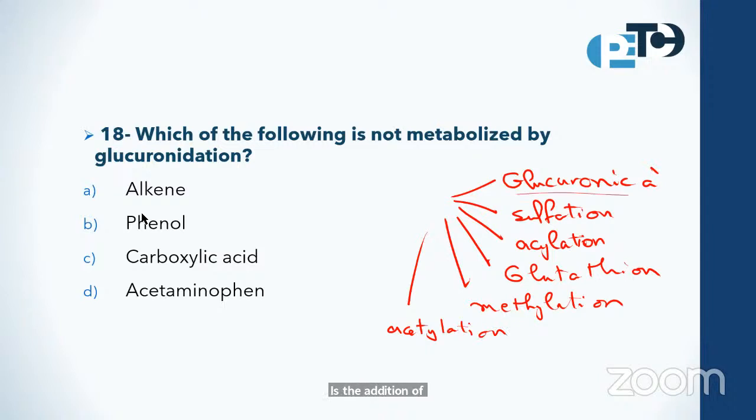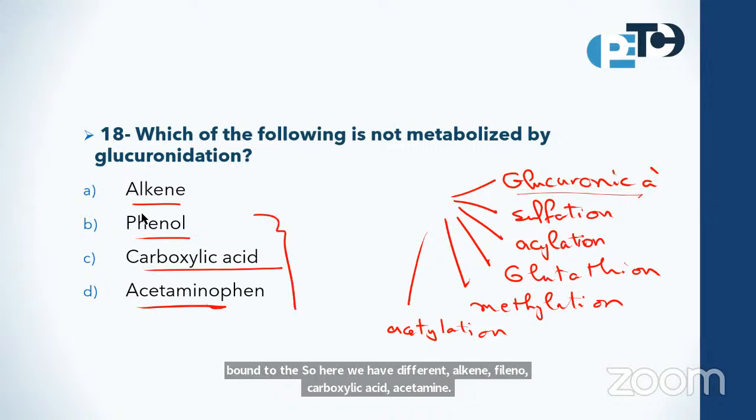Glucuronic acid conjugate binds to which functional group? If the functional group is a carboxylic group, OH, NH, or SH, all of them will bind to the glucuronic acid. So here we have different drugs: alkene, phenol, carboxylic acid, acetaminophen.